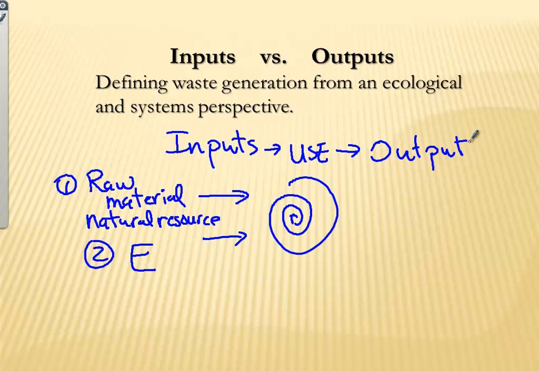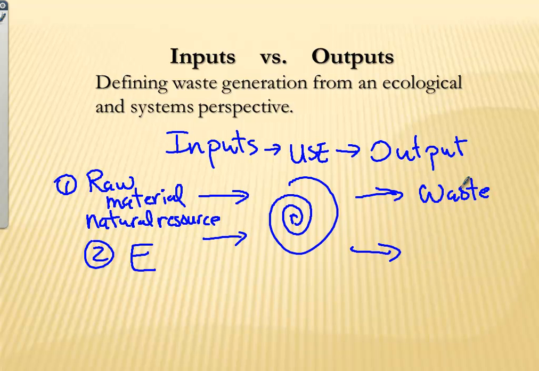Now the question is, what is that output? It can come in two different forms, if you look at it in general terms. One could be what we like to call waste. I'm taking that term very loosely right now. It's any material that can be either recycled or disposed of, but we'll call it waste because basically it's an unwanted byproduct.